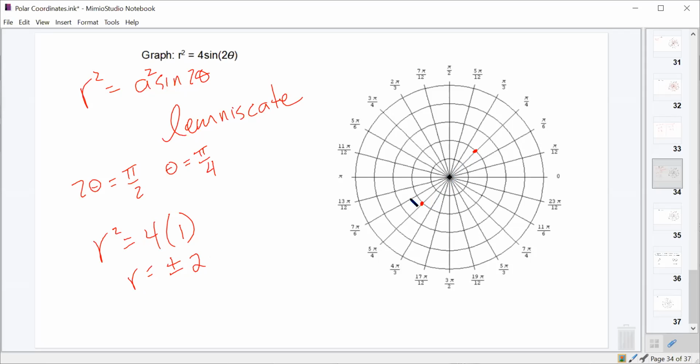What if I plugged in pi over 12? Or sorry, pi over 6. Let's plug in pi over 6. 2 times pi over 6 is what? Two times pi over 6 is pi over 3, right? What's the sine of pi over 3?